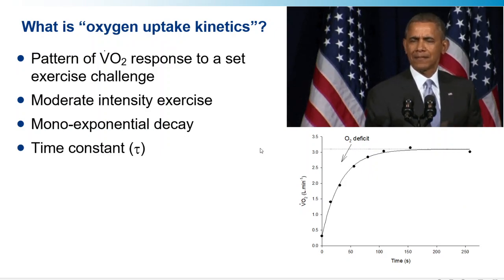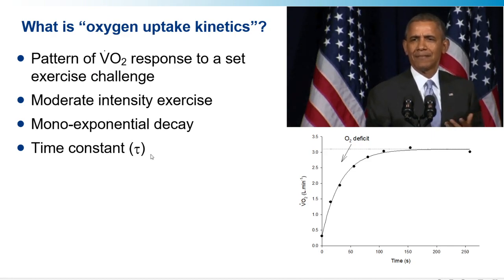Then we have the parameters of the oxygen uptake response, and this is where people often get confused. When we talk about the oxygen uptake kinetics and how fast the oxygen uptake kinetics is, we're really talking about the value of the time constant. The time constant of the response tells us how fast this curve goes up to the steady state. The time constant is given the Greek symbol tau, or as the Greeks actually pronounce it, taf.